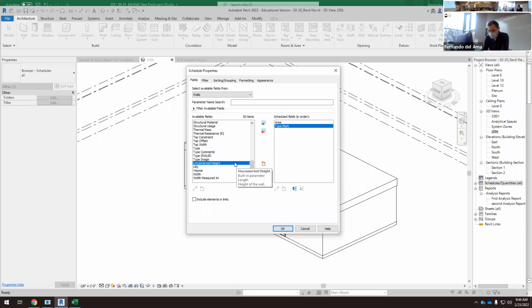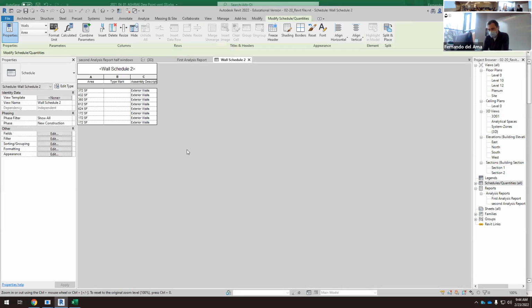Let's select type. And what else? Assembly description. Let's select the assembly description. And we click OK. Oh, so all of them are exterior walls. Perfect. Because I didn't know that, we are not selecting interior partitions. We are selecting exterior walls.